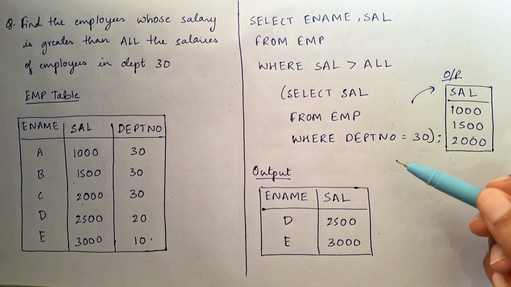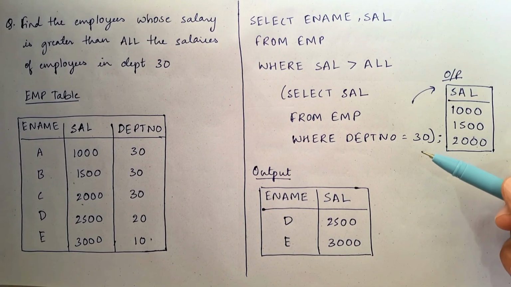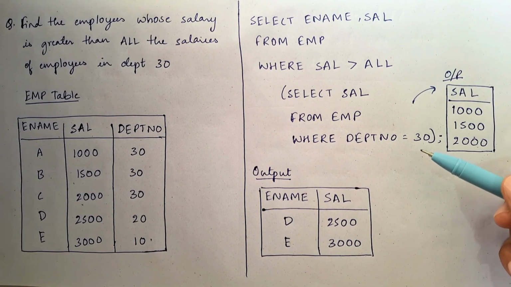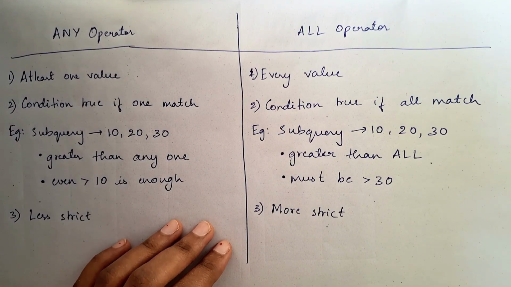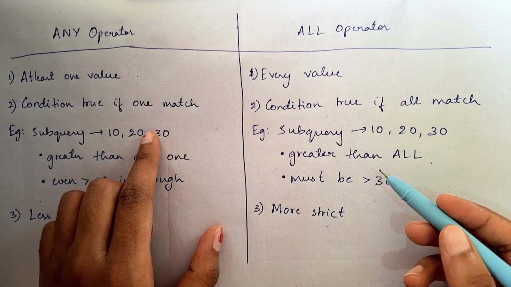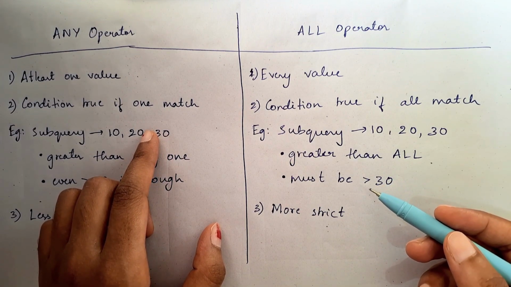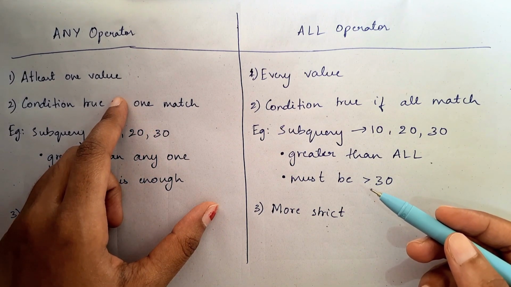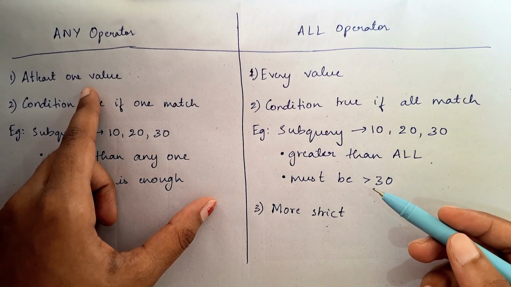And now I think you clearly understood why all checks every value in the table and why it is more strict. Now let's clearly understand the difference between any and all, because this is where many students get confused. So first let's talk about any. Any means the condition should be true for at least one value returned by the subquery.